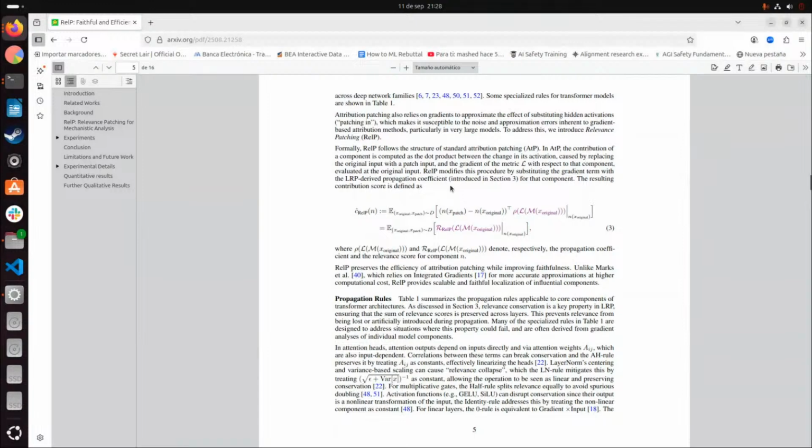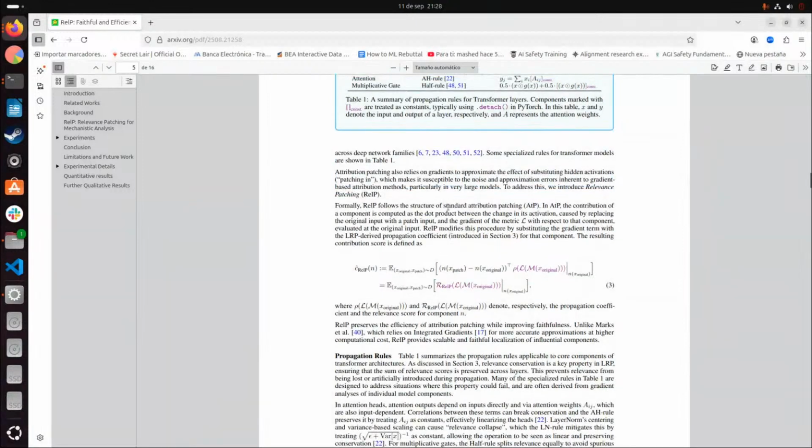Anyway, formally, in attribution patching, ATP, the contribution of a component is computed as the dot product between the change in activation caused by replacing the original input with a patch input, and the gradient of the metric with respect to the component, evaluated at the original input.